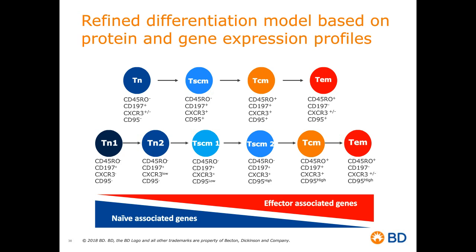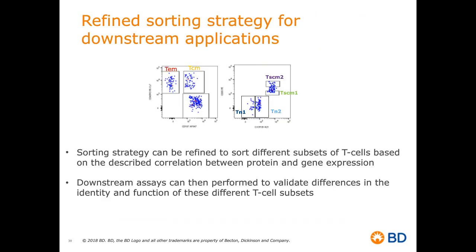And we can hypothesize, for example, and refine intermediate stages of differentiation between the naive and stem cell memory T cells as described before. Of course, additional downstream function analysis or deeper gene expression analysis would be required to confirm this hypothesis.